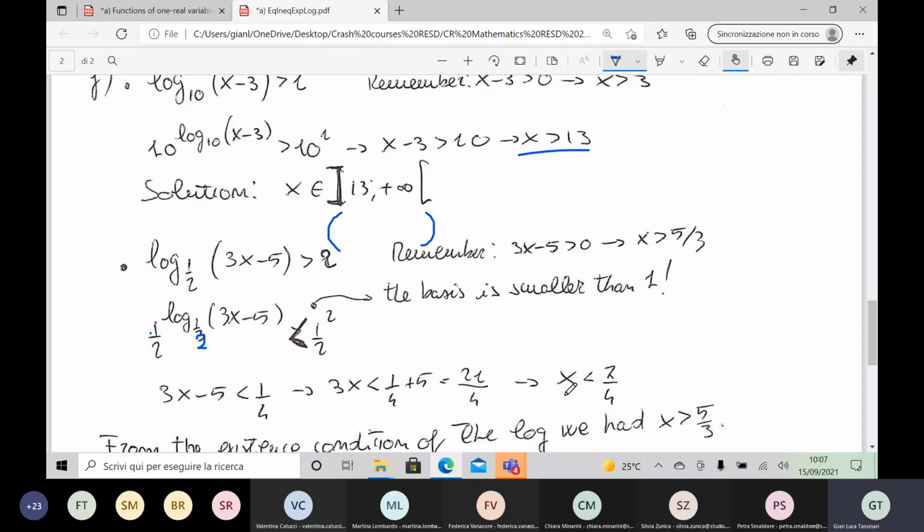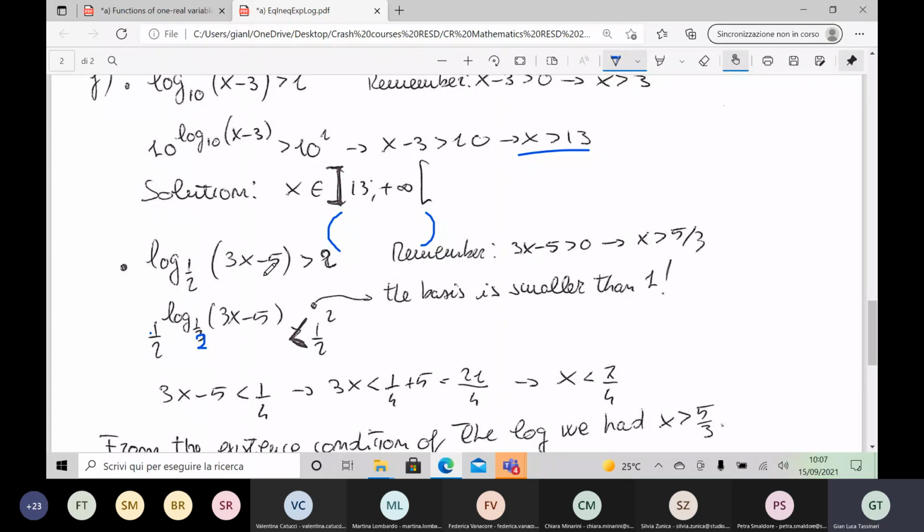Okay, is this a solution? We need to check, because guys, I forgot to tell you to make the domain, because this is a logarithmic function, and remember that the argument of the logarithm must be strictly positive. The argument is 3x minus 5.